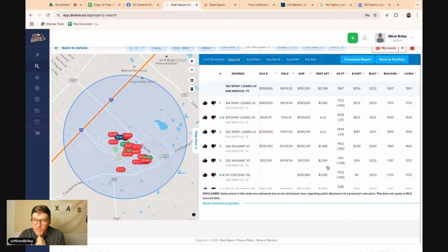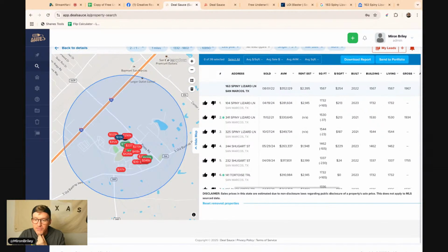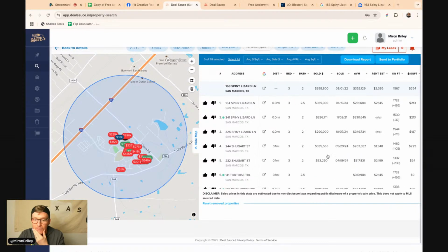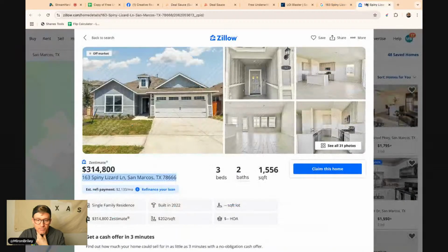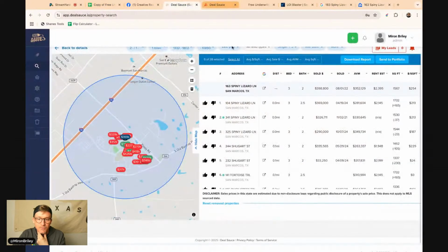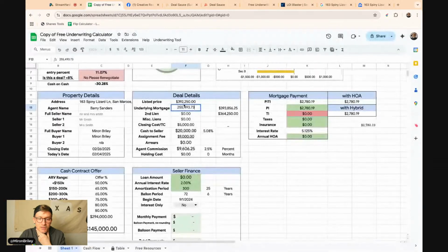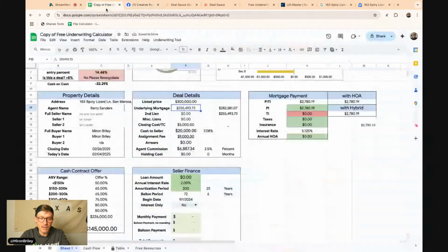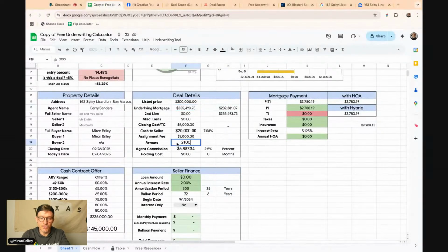Oh, look, the rent estimates are right there. That's where they are. So let's say they're trying to, it's a 3-2. They're trying to sell it for 330. Maybe 300. Let's see more about it. Arrears 21K. So put that right there in the arrears.